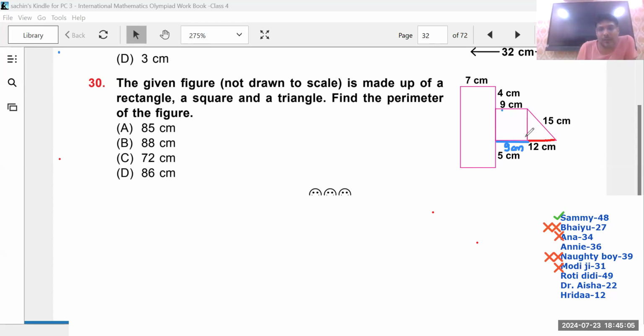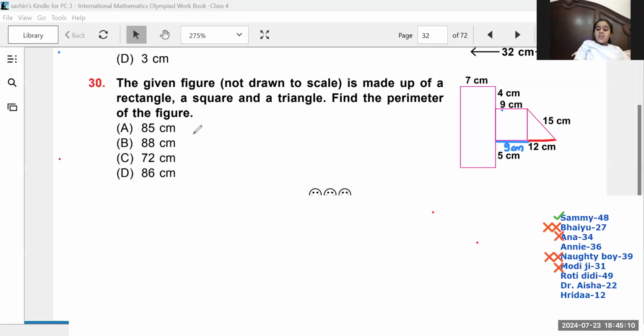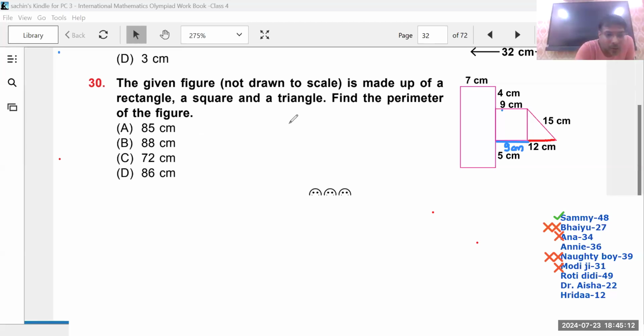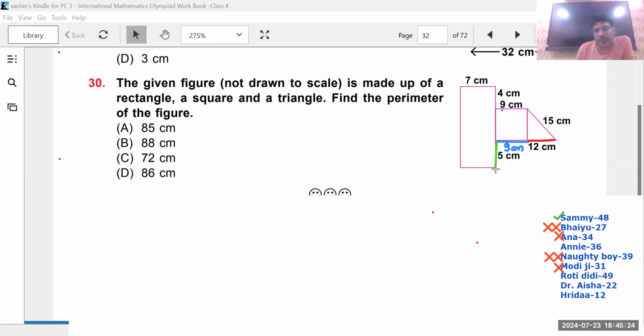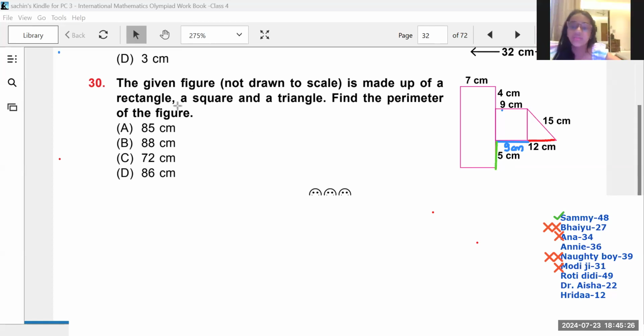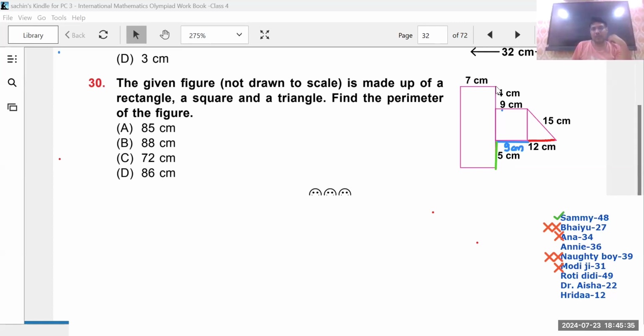Understood, Aisha? Sir, but there is written 5 centimeter. Beta, they have written 5 for the vertical line. Oh, this 5 is yours. Okay. But sir, yes Anna, what do you want to say? Ma'am, sir, but if the 5 is this one, then what is for 4? 4 is this one.